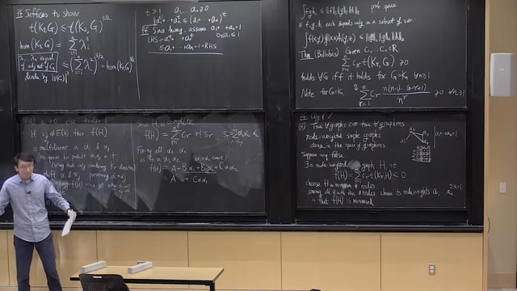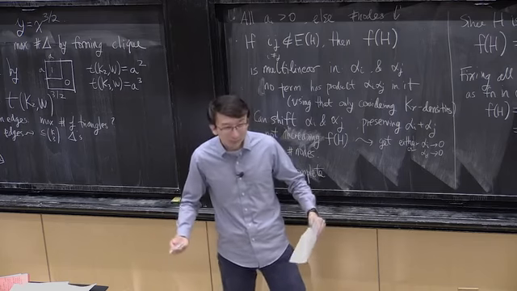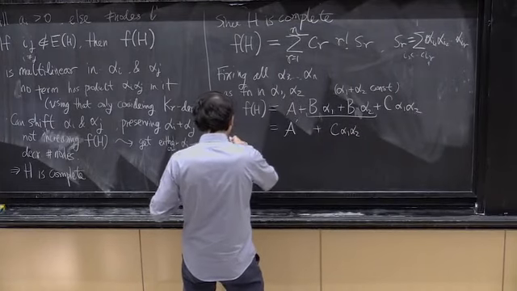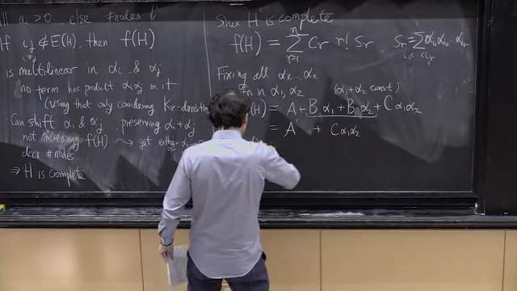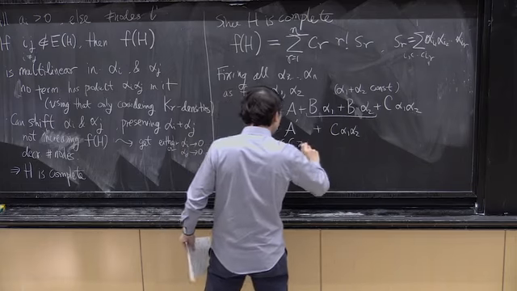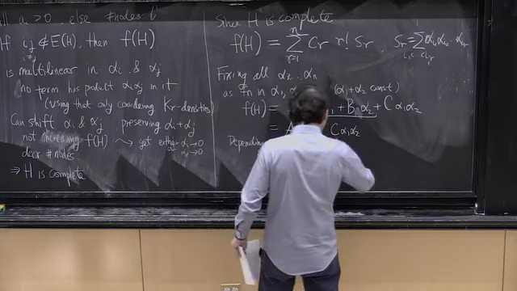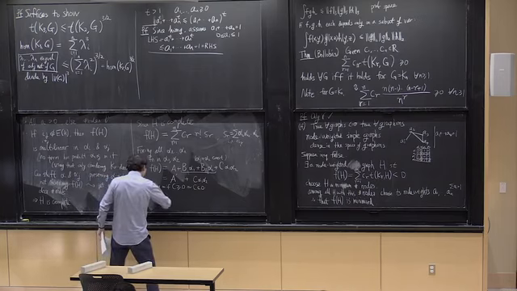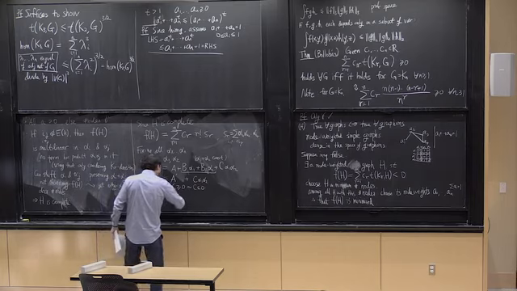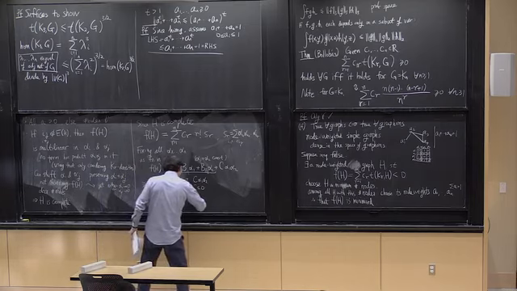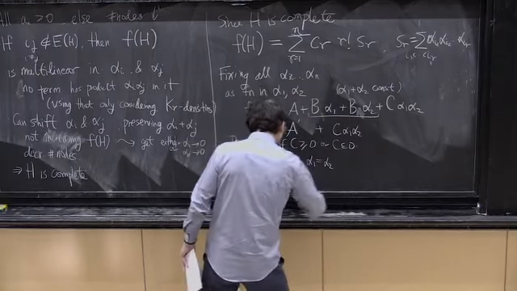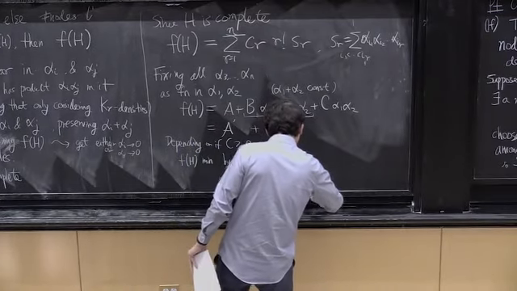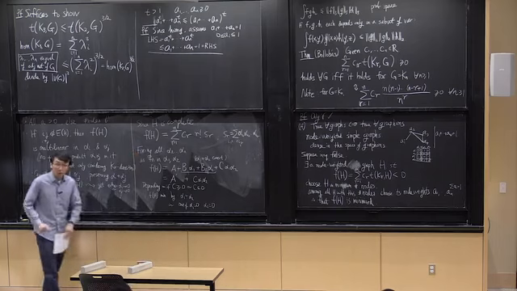So there are two possibilities depending on whether C is positive or negative, or I guess 0. Depending on if C is positive or negative, f is minimized by either the two alphas equal to each other, or one of the two alphas should be 0.